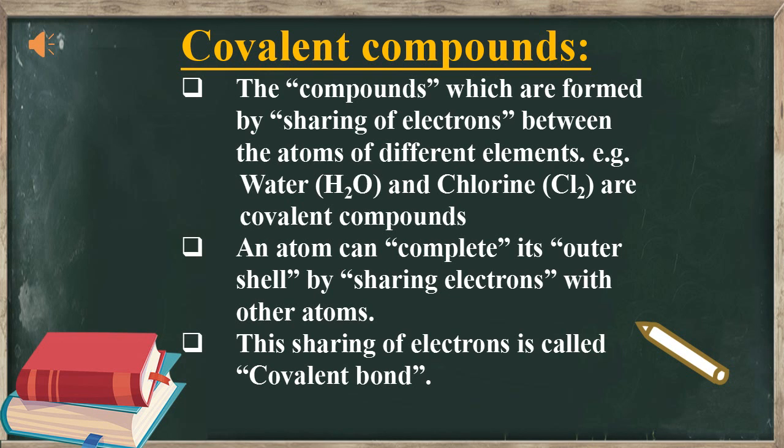For example, water, H2O, and chlorine, Cl2, are covalent compounds. An atom can complete its outer shell by sharing electrons with other atoms. This sharing of electrons is called covalent bond.